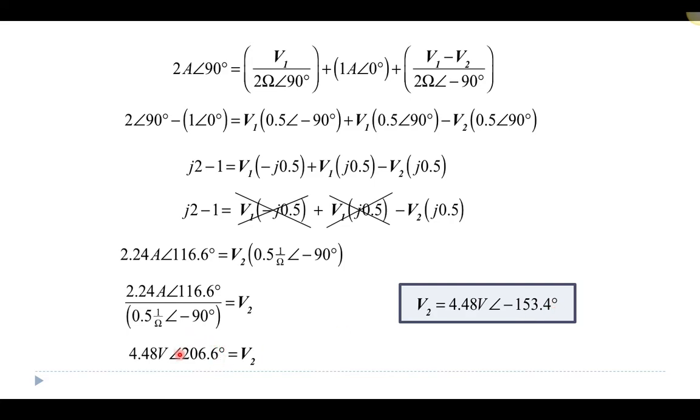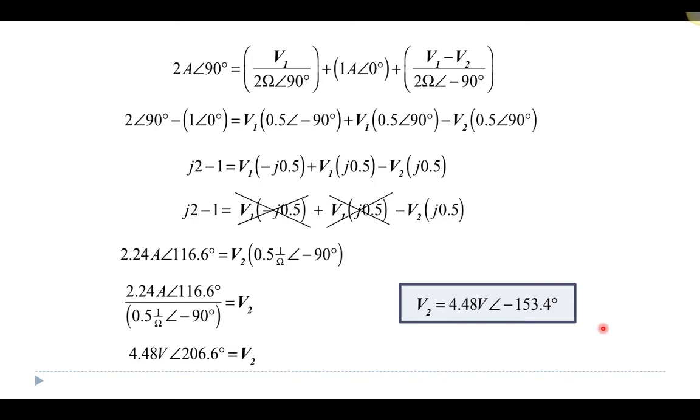If you think about this, this is in the third quadrant, and all I've done is gone from the axis in the clockwise direction and found that same point, so it's negative 153.4. Things will probably just work out better if we use angles between negative 180 and positive 180.